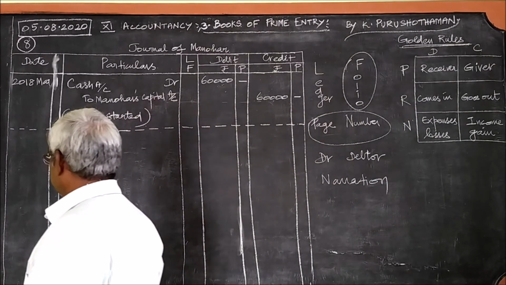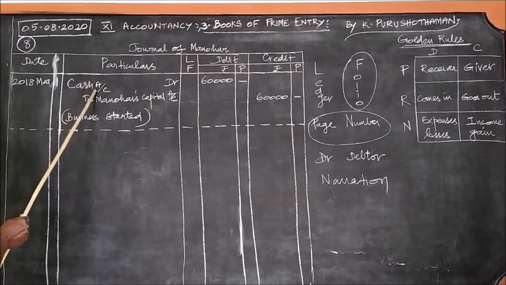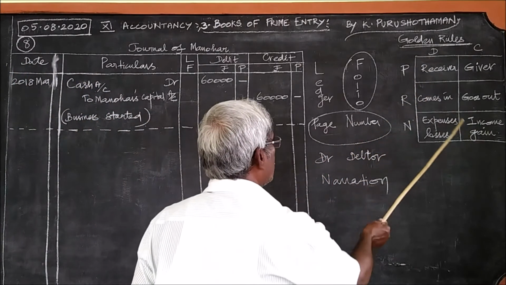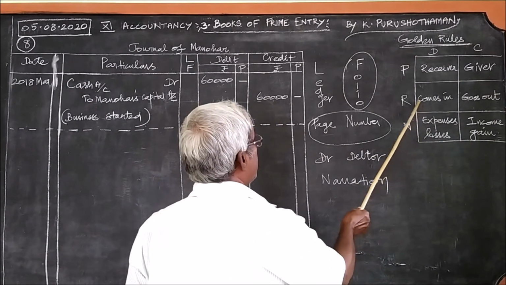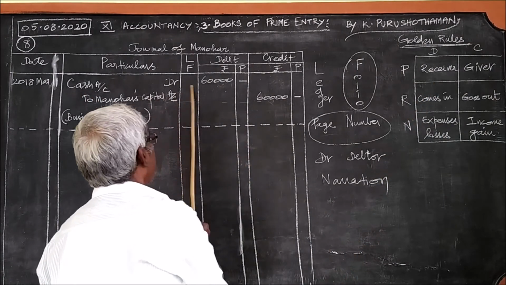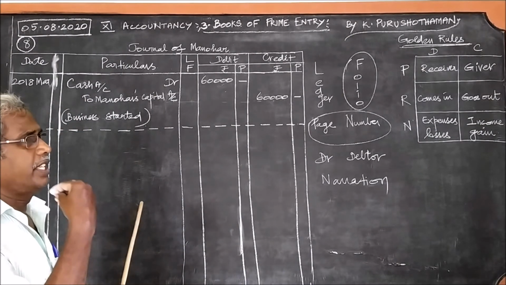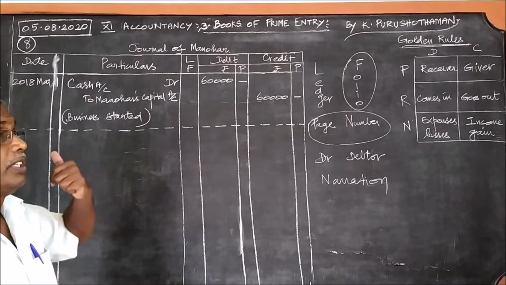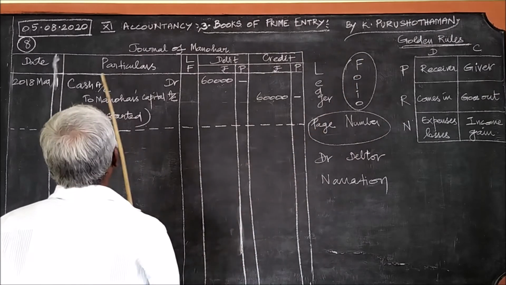Okay, then now this cash account, why we are writing this cash account? We should use any one of these three rules. When something comes in, debit, what comes in? As I said, the first line for debit. What comes in when cash is invested into the business? Cash comes into the business. Therefore, according to the rule, what comes in? Cash comes in.